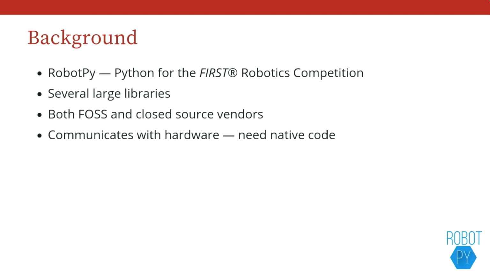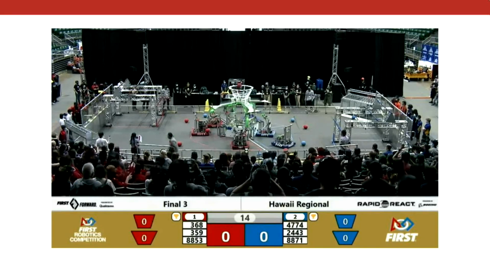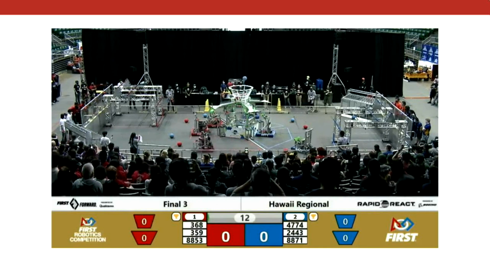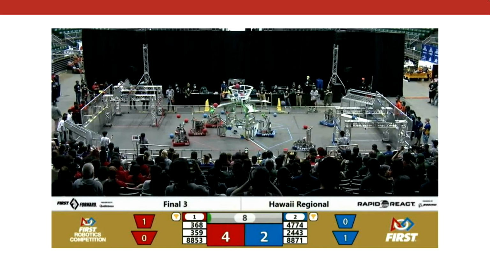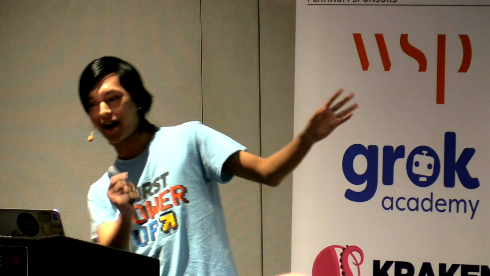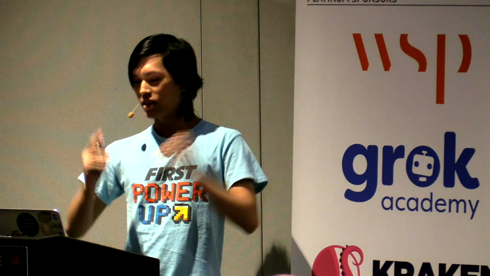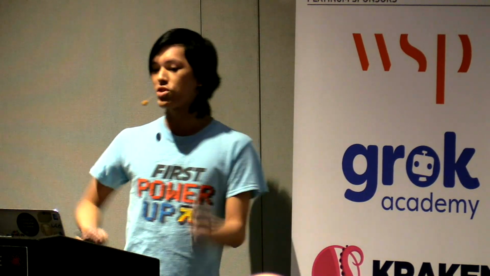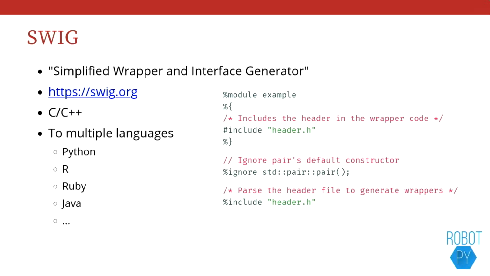To give you an idea of what the FIRST Robotics Competition is, this is teams of high school students with adult mentors building 56-kilo robots to play a sporty kind of game. You can see an example there. They get a new challenge each year to try to keep it interesting. So yeah, let's get into it.